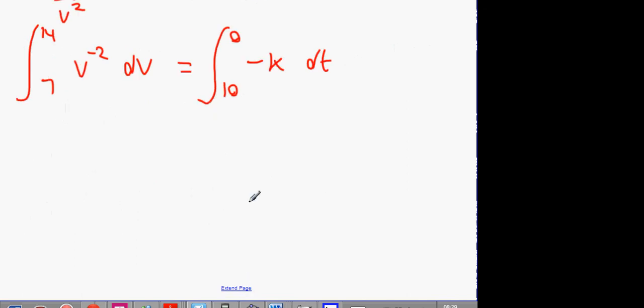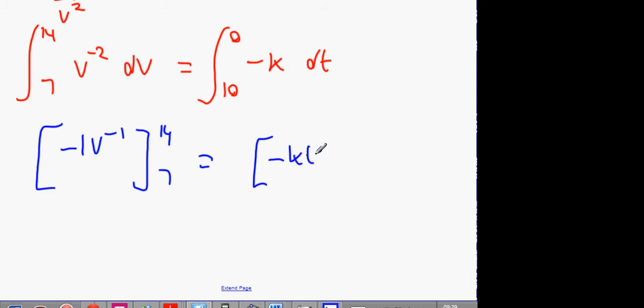Okay guys, so what's going to happen here is we're going to integrate. We're going to get minus 1 over v, with limits 14 and 7. On the other side we're going to get minus kt, from 0 to 10.